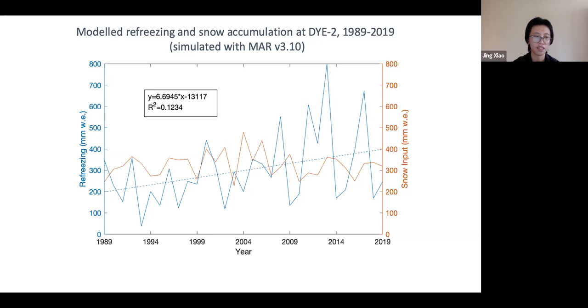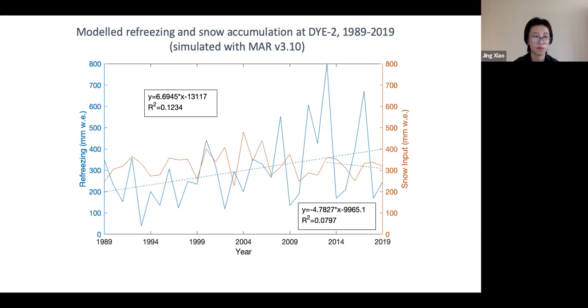So first, this is a trend line for the refreezing data in the past 30 years. We can see it has been slightly increasing. I also did one only for the past 6 years from 2013 to 2019. Although it also fluctuated a lot, it is slightly decreasing. Of course, the summer of 2019, which is after this data, had a lot of melting.